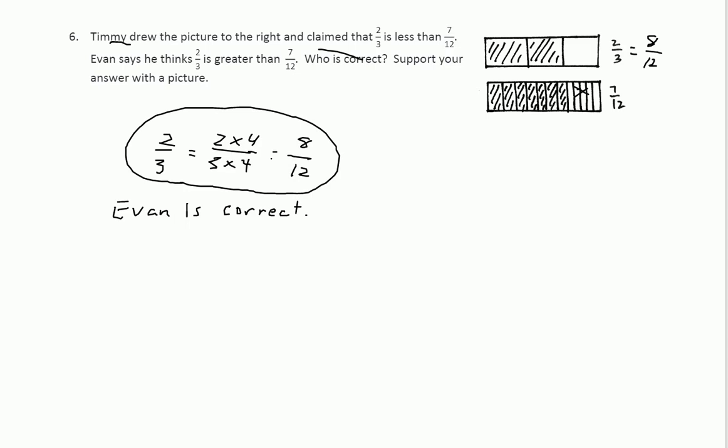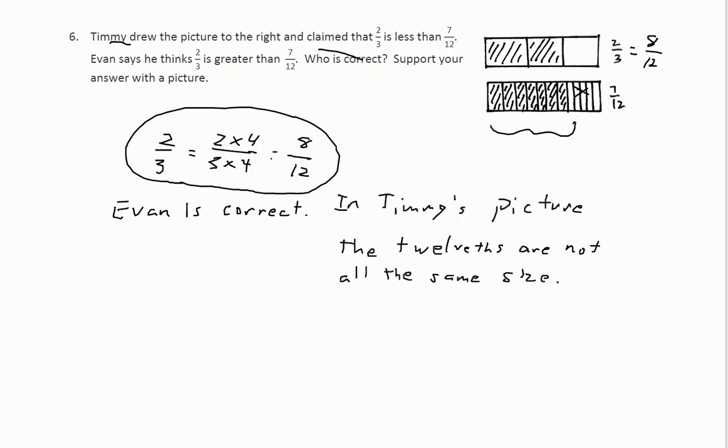Now you could write, well, the picture, all these 12ths, the 12ths he drew here are bigger. They're larger. They're not all equal. So in Timmy's picture, the 12s are not all the same size. And there you go. So you got to be careful when you draw pictures, because sometimes pictures can be deceiving.